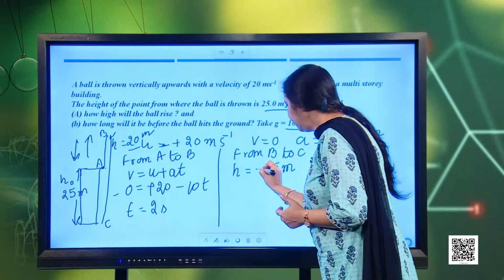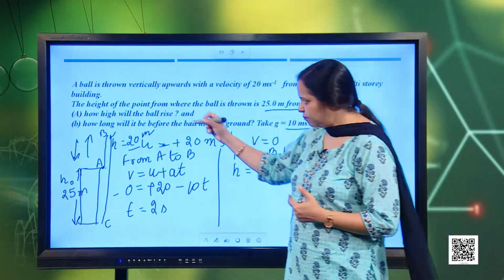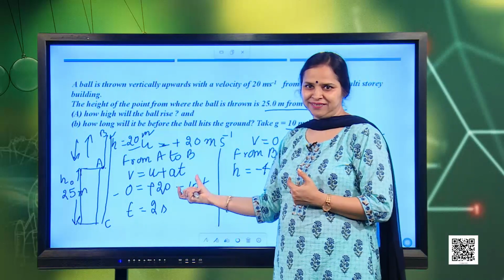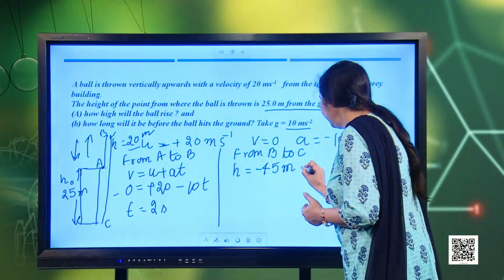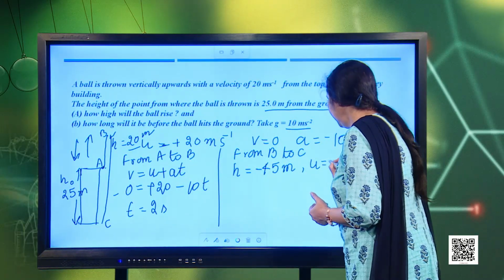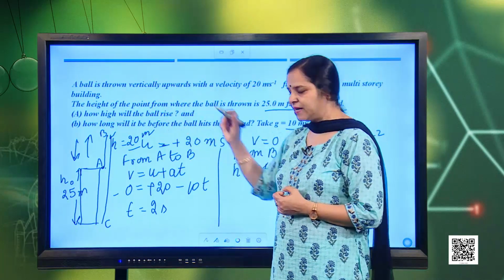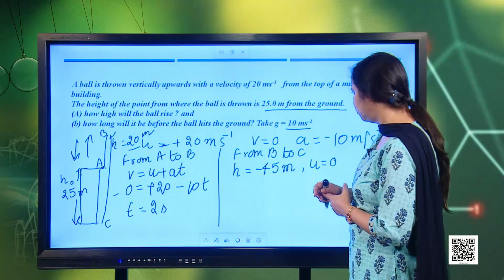And here we need to put a sign of minus. Why minus? Because if we see the motion from B to C, the ball is moving in the downward direction, and downward is negative. What is the initial velocity from B to C? It starts from 0, because at point B the velocity has become 0.